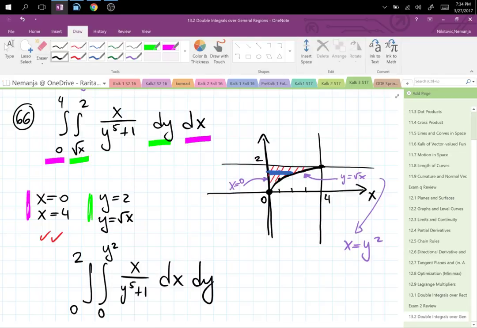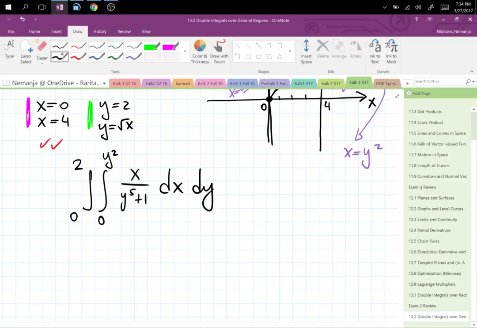Now we solved this, and now you can integrate. I hope you see that you can integrate now, because you're integrating in terms of x, so this y to the 5th plus 1 that was there before is just a constant now. You copy it. I know, lots of joy.